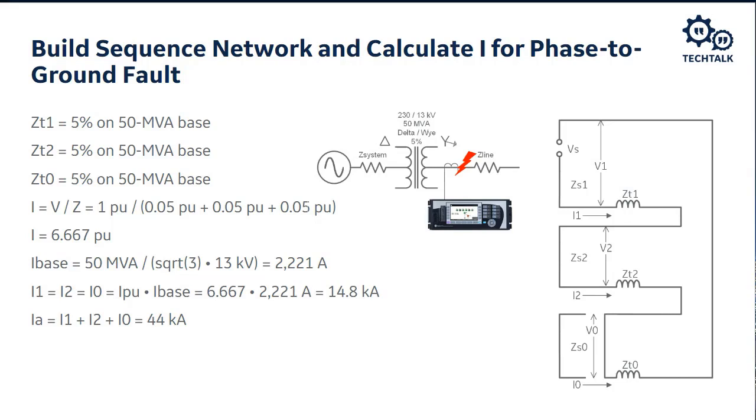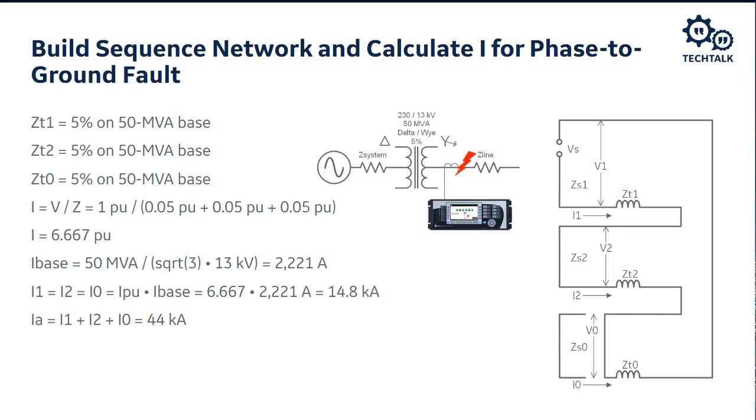From Ohm's law, current is equal to V divided by Z. So I take 1 per unit of voltage and divide it by the impedance.